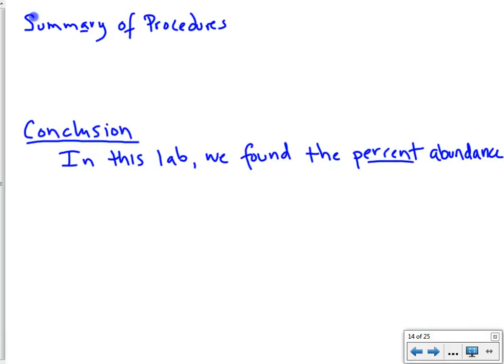Please spell the word percent, don't give me the symbol. In this lab, we found the percent abundance of brown beans as some percent.